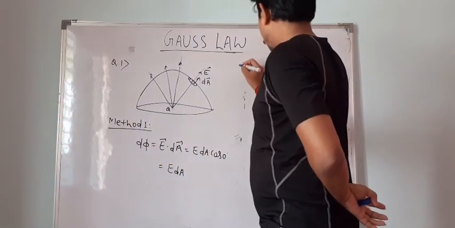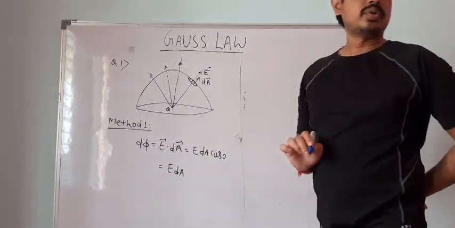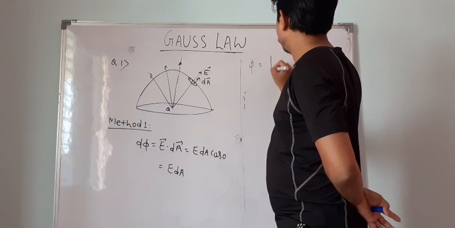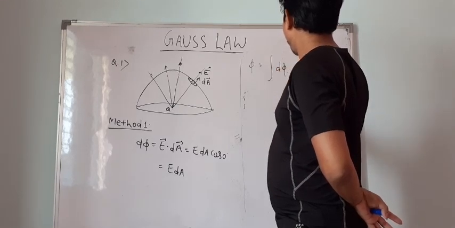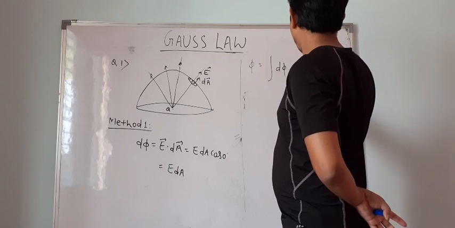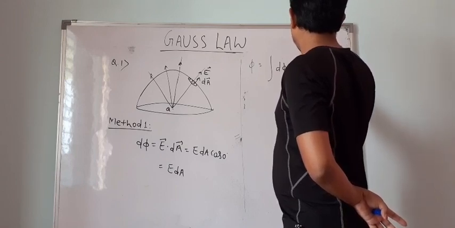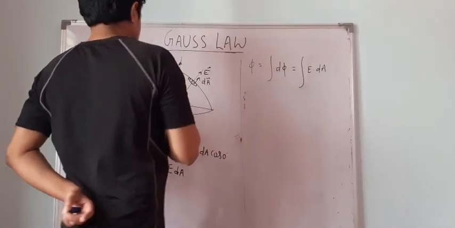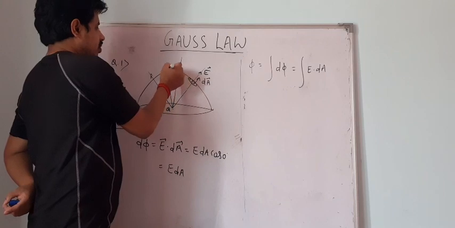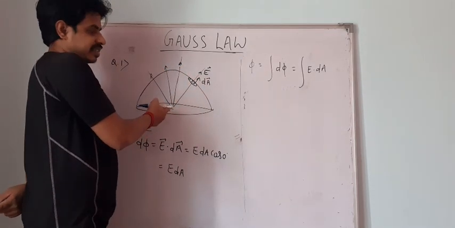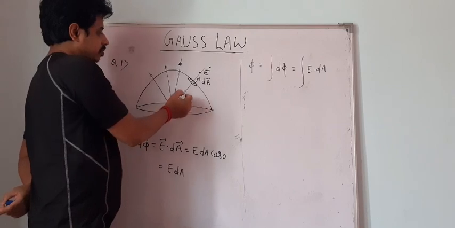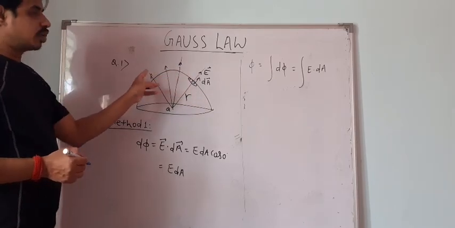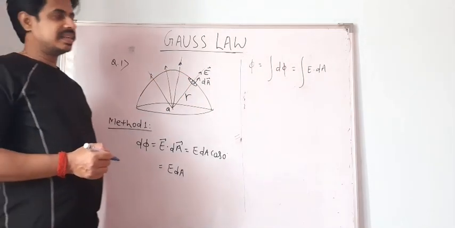Fine. So total flux phi is equal to the integral of d phi, that is the integral of E dA. Now since all the points on the surface are equidistant from this point charge q, which is equal to its radius, say r, the electric field is constant everywhere on the surface of this hemisphere.